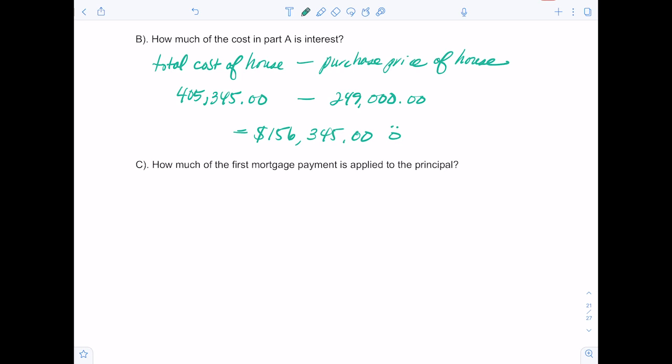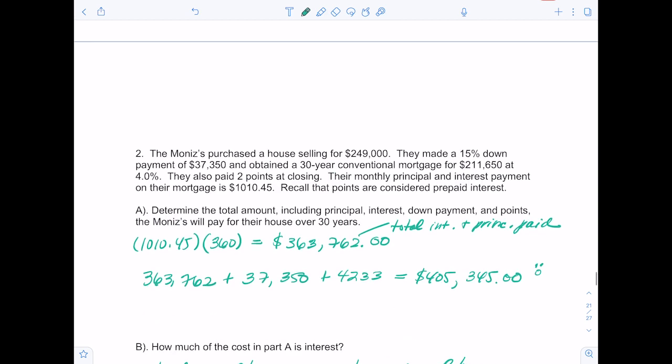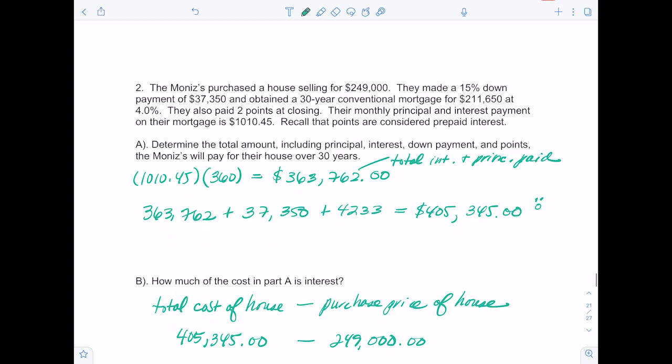Okay, so how much of their first mortgage payment would be applied to the principal? So I need to figure out the interest on one payment. So I'm just going to use my simple interest formula. Interest equals principal times rate times time. Here my principal is just $211,650, right? Which just represents the 30-year conventional mortgage.